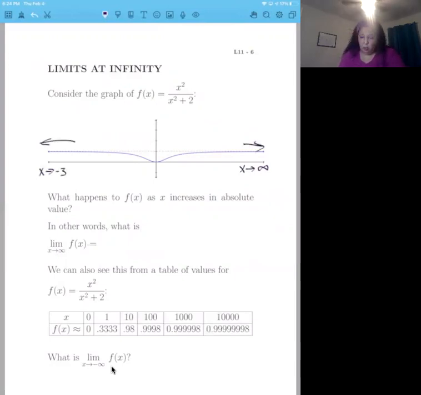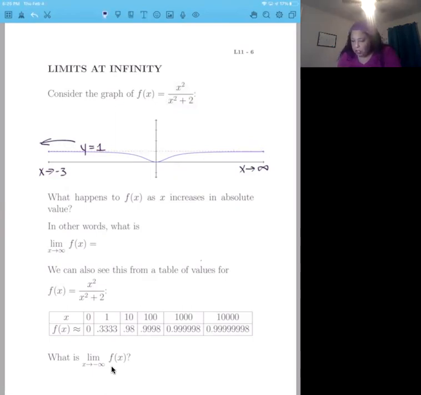All right, so if we're looking at this particular example, notice there's an asymptote here at y equals 1. Right, there's that line at y equals 1. The limit as x goes to infinity of this function, x squared over x squared plus 2. When I get towards positive infinity, when I get really, really big, what is the y value that it's approaching?